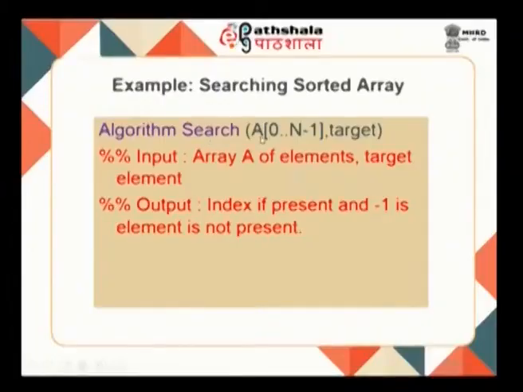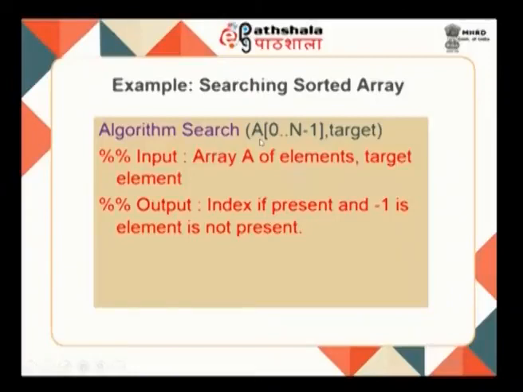Let us try to conceptualize all these ideas into an algorithm. I am writing the algorithm like this: algorithm search. The input of this algorithm is going to be an array or list.